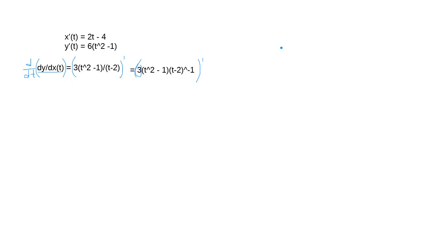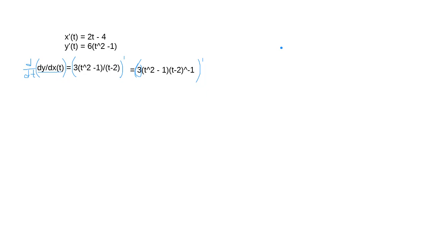I'm treating t squared minus 1 as f. So I'm taking the derivative, f prime. The derivative of t squared is 2t. Times t minus 2 raised to negative 1, that's my g. So I have f prime times g plus f times g prime. f is just t squared minus 1.